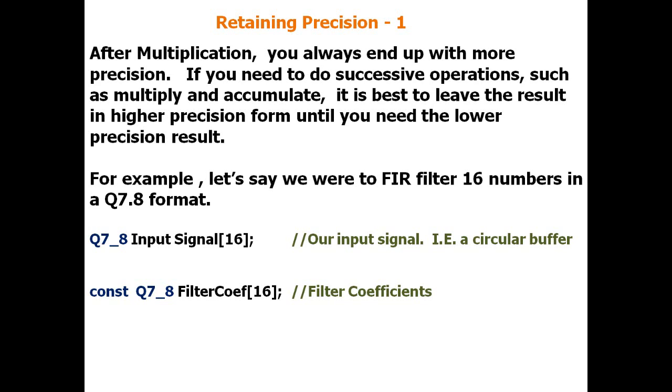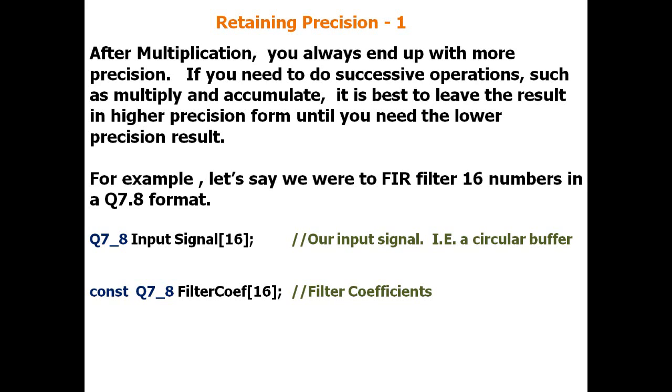Now, whenever we do DSP or signal processing, signal processing always involves successive operations, all right? Successive operations. So if we're going to do that, why not just leave intermediate terms in their higher precision format, and leave it there until you actually need the lower precision.